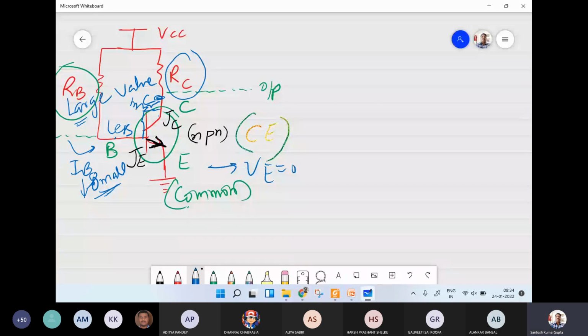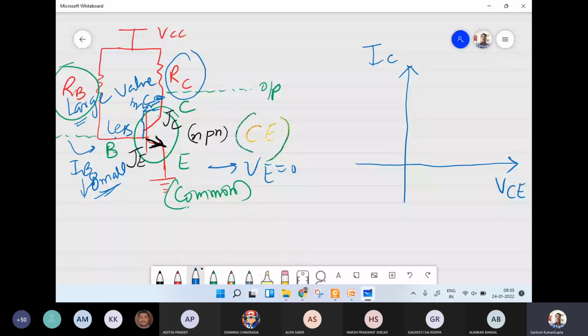When we say we have knowledge of the transistor, we mean that we know its characteristics. Because this is a common emitter configuration, the known characteristic is between IC and VCE for different values of IB. So IB will be changed here.